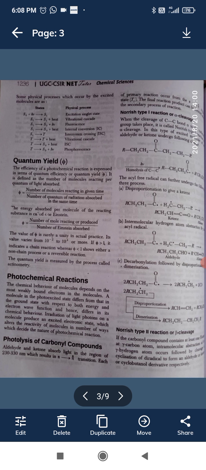So phi is given by the number of molecules reacting in a given time divided by the number of quanta of radiation absorbed in the same time. The energy absorbed per mole of the reacting substance is called 1 Einstein. Now phi becomes the number of moles reacting or produced divided by the number of Einstein absorbed. So instead of the number of quanta of radiation absorbed, it now becomes the number of Einstein absorbed.